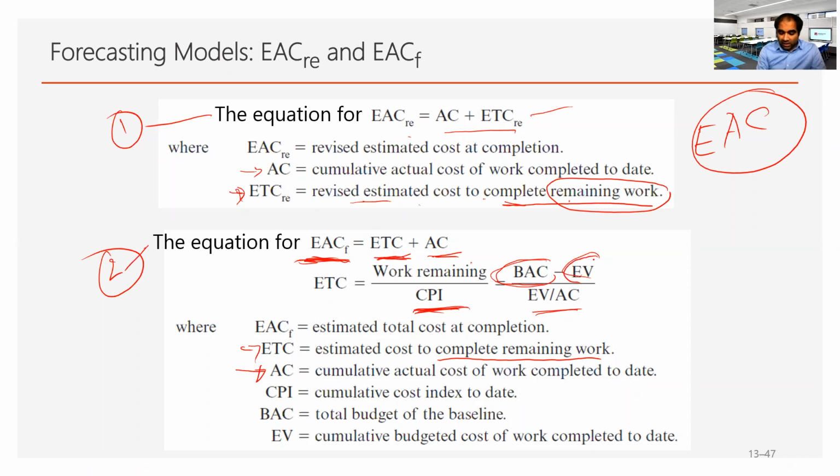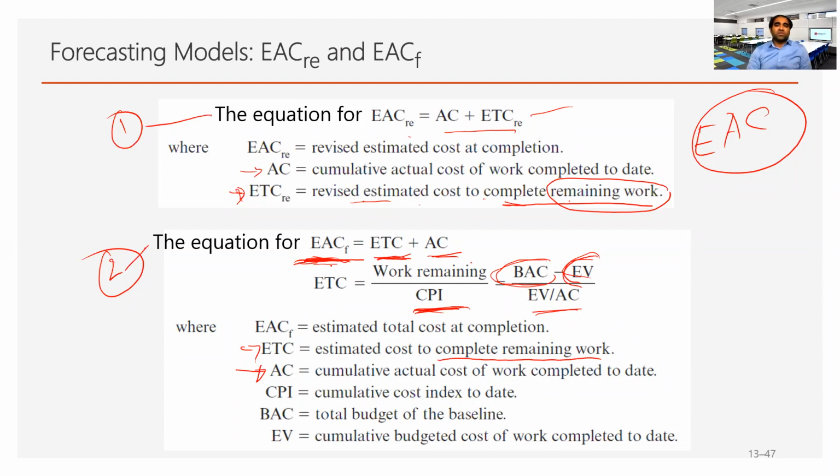Look here, we are subtracting the earned value. Simple. Budgeted cost minus earned value is the amount of work remaining. Then divided by the CPI, that should give us the forecasting estimated cost, EACF.